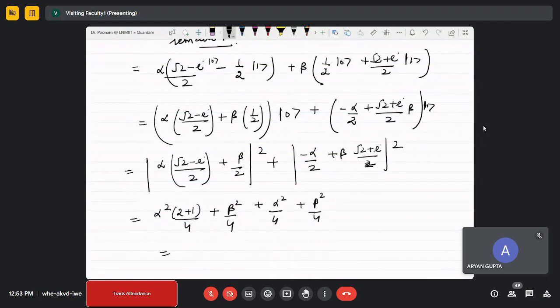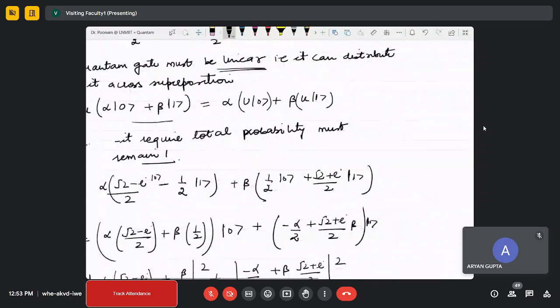And simply, if you sum it, it will be alpha square plus beta square. And we all know that the original bit given to us, our original quantum bit, had this condition.